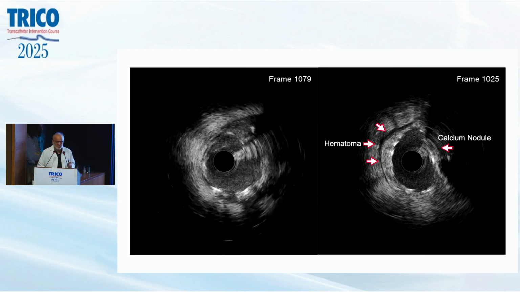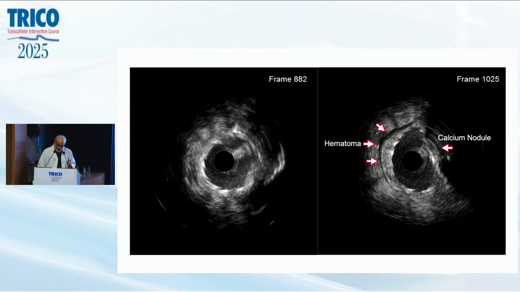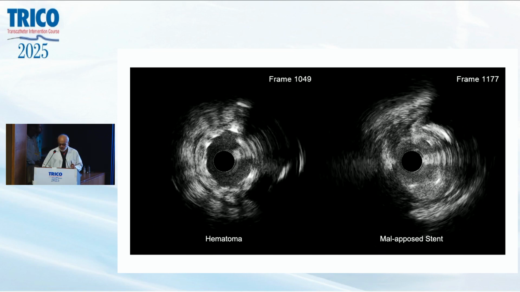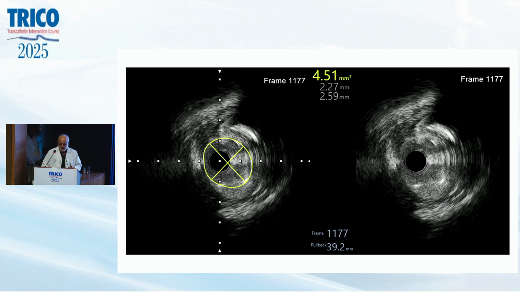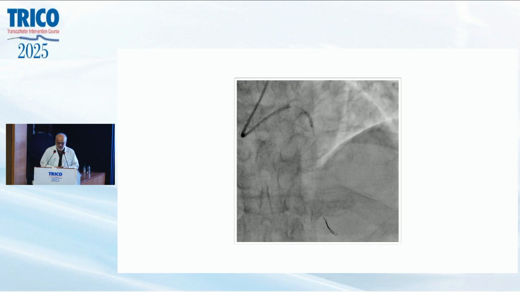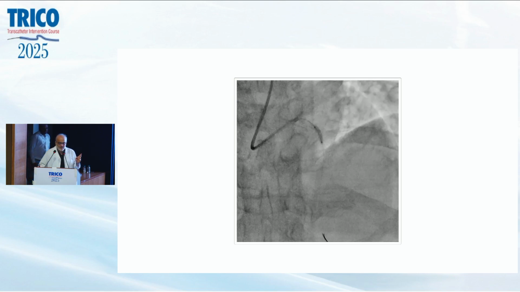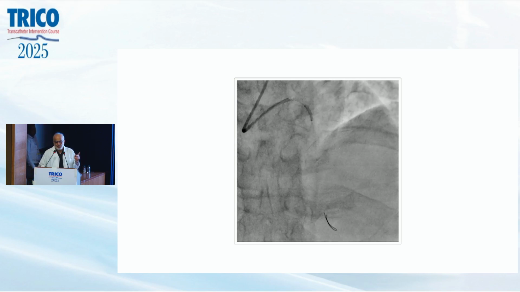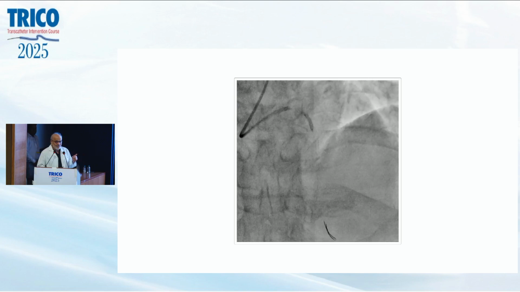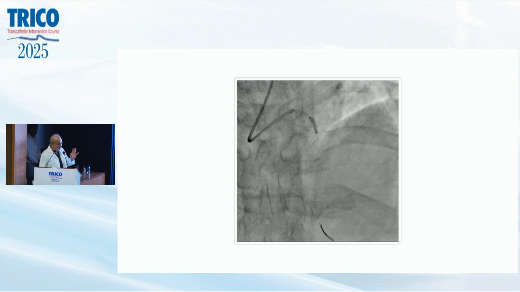That should not be the excuse. If you are doing imaging, you have to interpret it carefully. You have to spend good time to interpret it carefully. And then there was hematoma and malapposed stent and all those things. Very carefully, I dilated, and I was a bit afraid to go to a very high pressure because the calcium was on the septal side, and if I overstretch the artery and it ruptures on the diagonal side, that can create a mess.